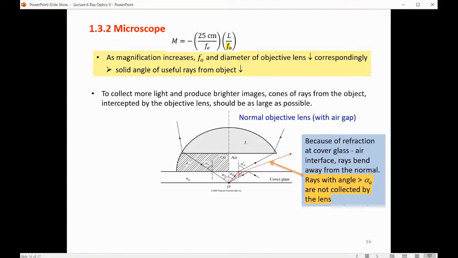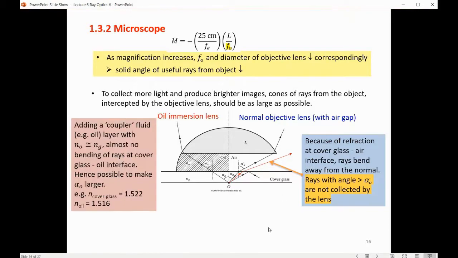If you have rays that are at a larger angle than alpha A, after refraction, they will not be collected by the lens. Because of this, it will limit the aperture of the cone of rays that can be collected by the lens.